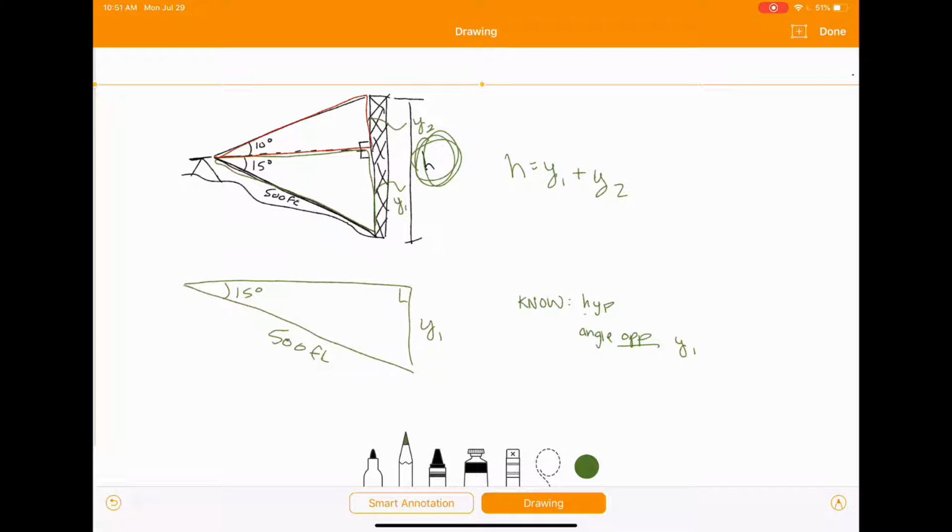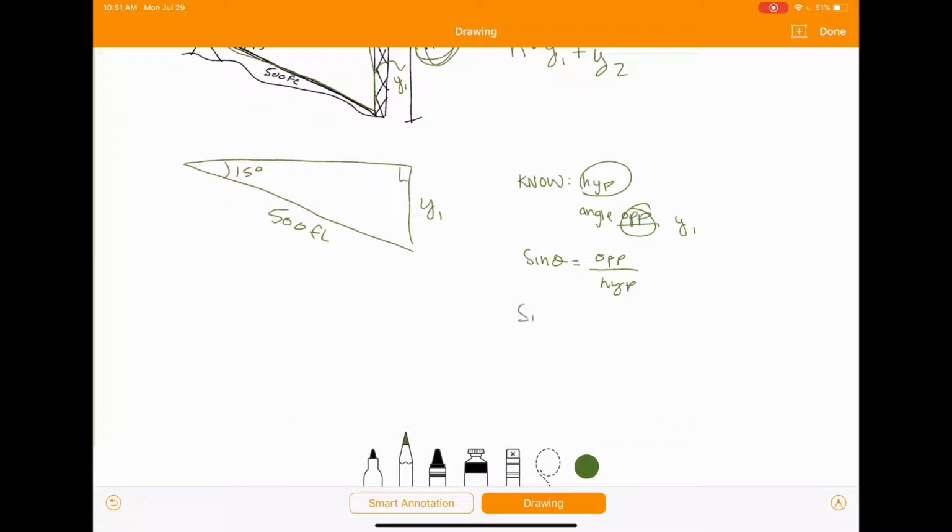So we have information about the hypotenuse and the opposite. So we're going to use the sine of theta again, which is equal to the opposite over hypotenuse. And in this case, we know theta is 15 degrees.